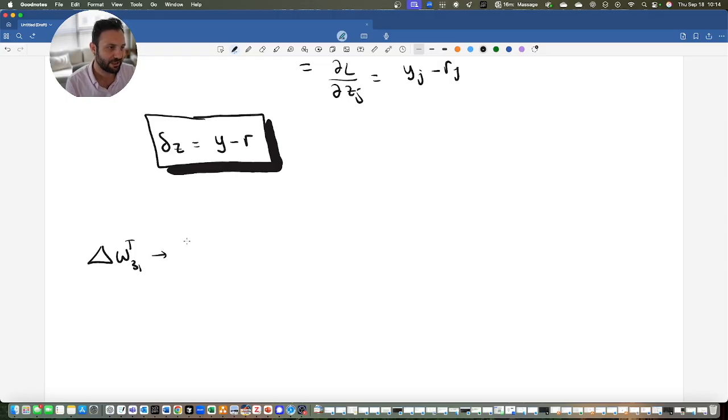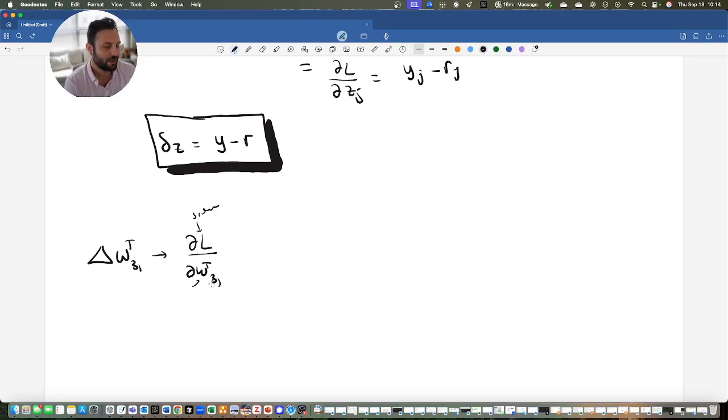And which is calculated by dL over dW31 transpose. Again, I would like to stop and show you that this is a scalar and this is a vector as big as W31. This is a row vector, and the result has to be a row vector, such that when I get this result, I'll get my delta W3, and I will know what my W3 was, and I will update it using what I learned here, right?